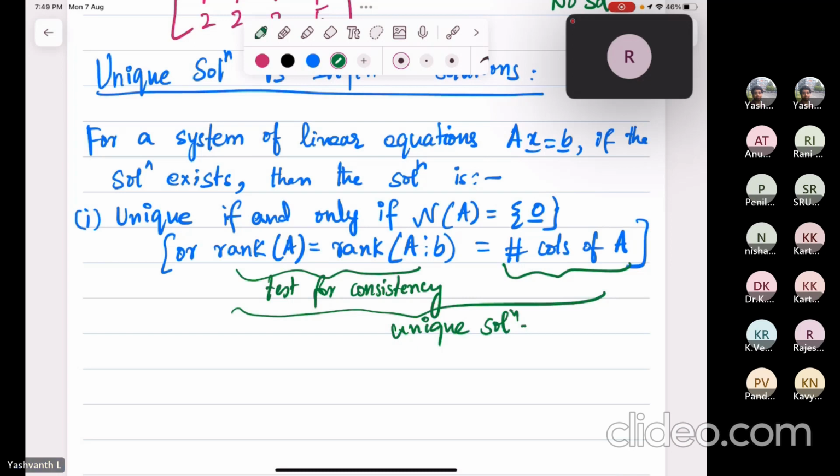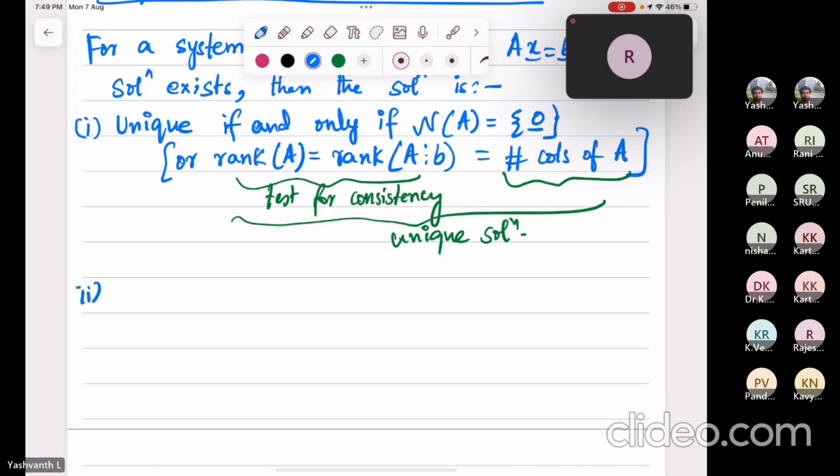If the null space of A is a zero vector, it means the number of columns equals the rank of the matrix. This is just by the rank nullity theorem. So if the rank of A equals rank of A augmented with vector B equals the number of columns of A, then the system is consistent with a unique solution.